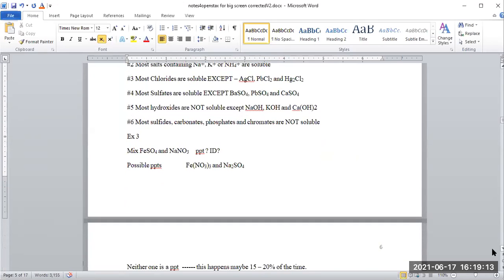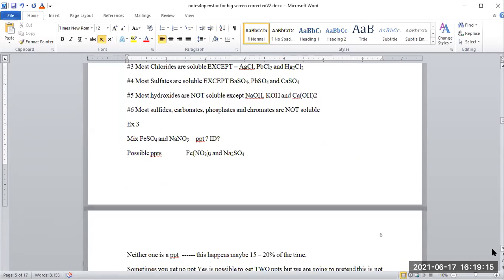Now, how about if I mix iron sulfate, this is specifically iron 2 sulfate, and some sodium nitrate. Okay, first and last, third and second. But pay attention to your charges. And I just realized I have a goof.